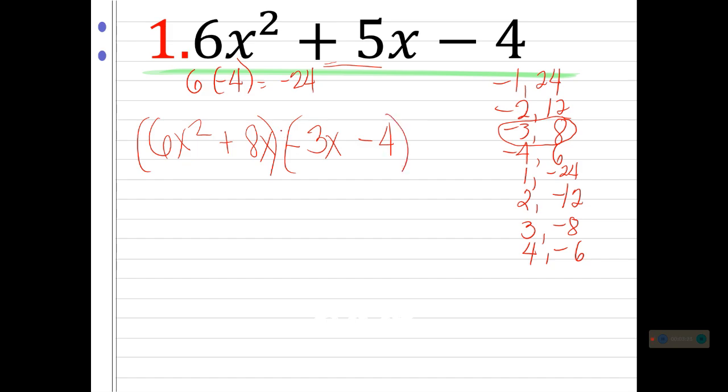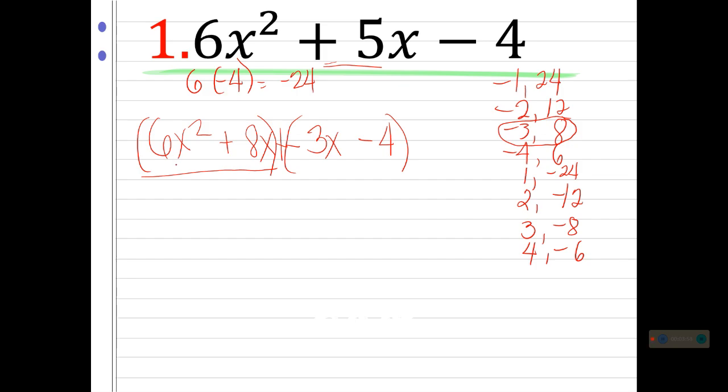Since you have grouped this, you may have here a positive sign because positive times negative is still negative. So our first group will be this one. You are going to use the first type of factoring technique that we have, factoring polynomials with GCMF.